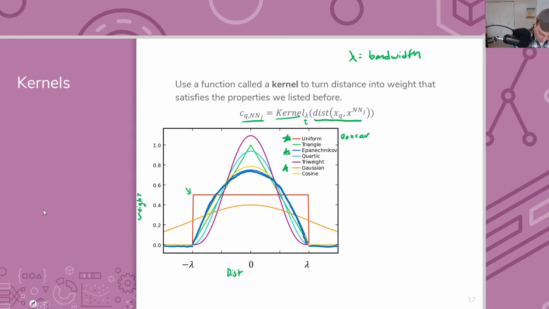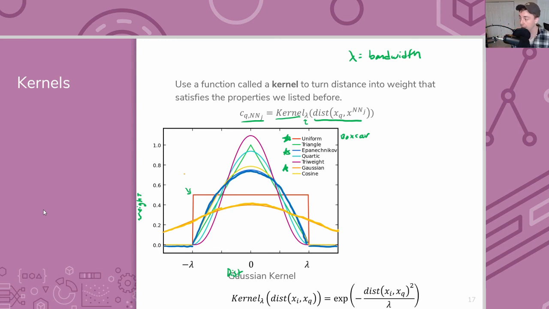And another very popular one is the Gaussian kernel. The Gaussian kernel is an exception to this rule, where it does not assign 0 weight to things outside the bandwidth. It's just a normal distribution. It uses the same formula as we used before, for the most part, where it's centered at distance 0 and then spreads out from there.